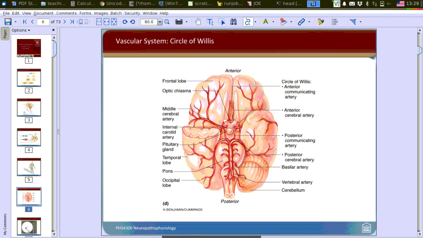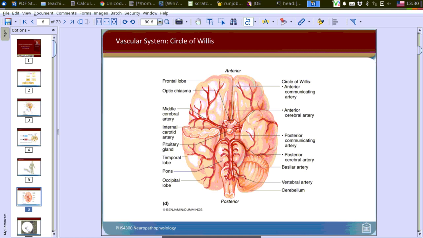So if there's a problem with circulation of blood, we talk about stroke, and that will produce a loss of function. Now, there's 2 types of strokes. You can have a hemorrhagic stroke, or you can have an ischemic stroke. So hemorrhagic stroke would be a vessel that ruptures and the blood pours out of the blood vessel into the brain tissue, while an ischemic stroke would be blockage. And so the blood flow cannot continue.